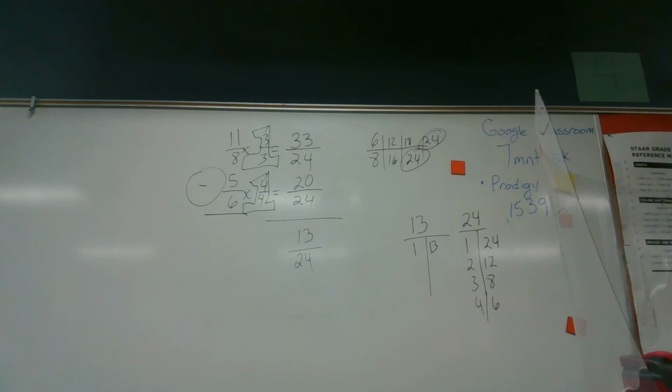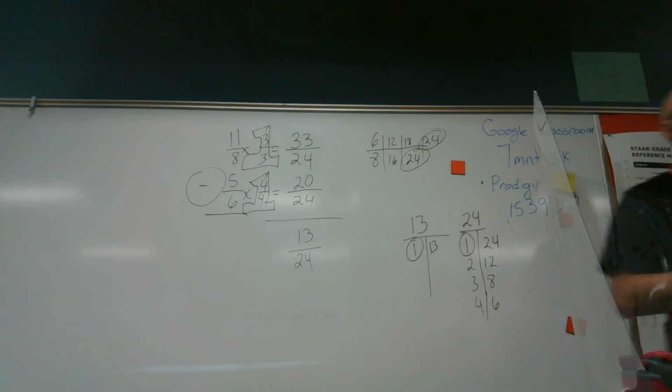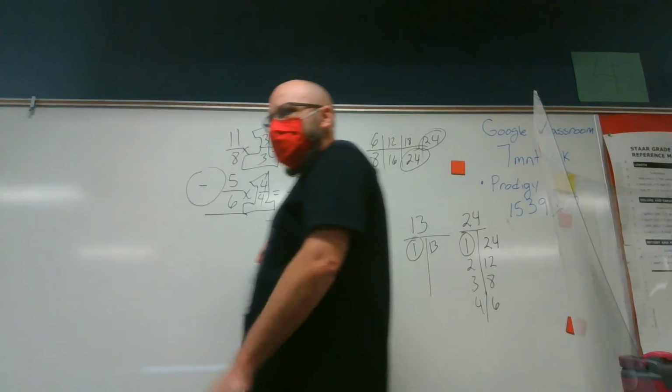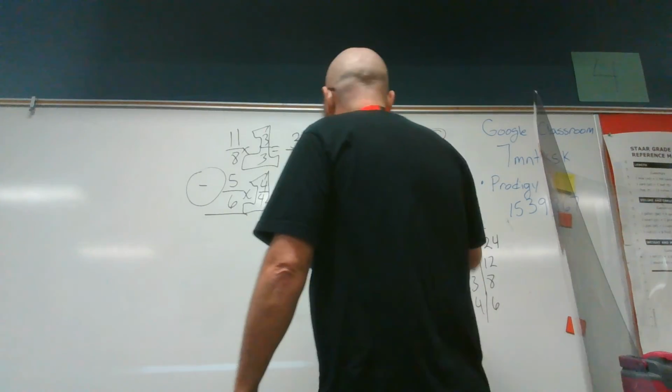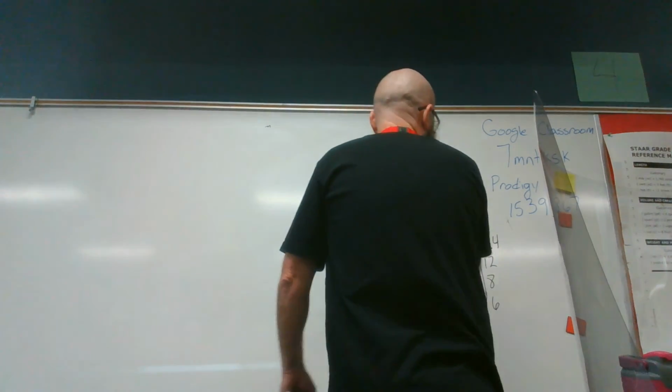Okay, so those are all my factors of 24. The only thing they have in common is 1. If the only thing they have in common is 1, that means it's already in lowest terms. It's simplified all the way down. Dividing it by 1 would just give me 13/24.